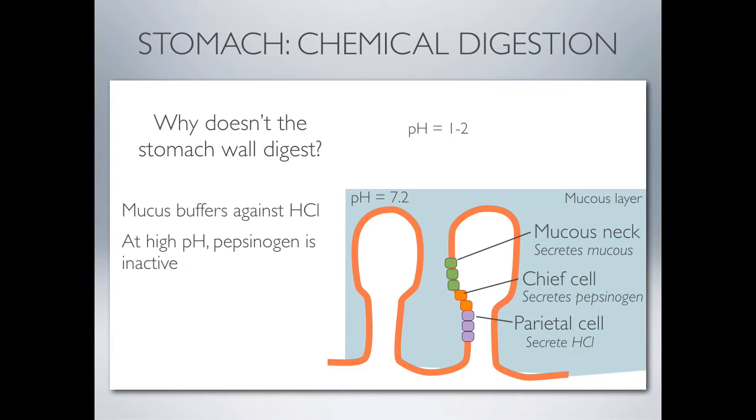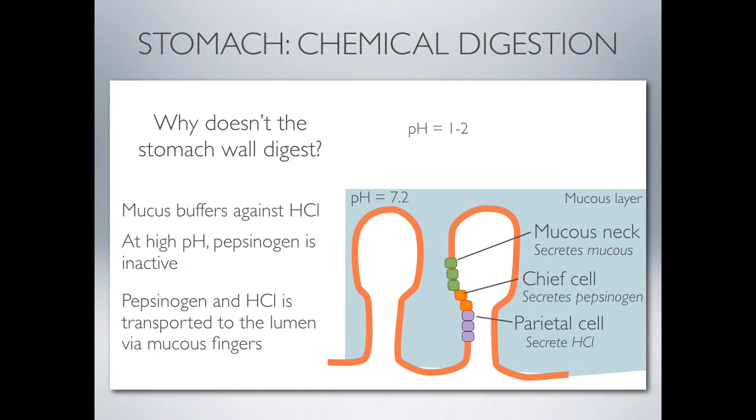Okay, so how is it that we get these toxins transported into the lumen of the stomach? The answer to that is in the form of what are called mucus fingers. So imagine you're buried under a layer of snow and you want to get out. You're going to burrow through the snow and make a tunnel that allows you to escape.